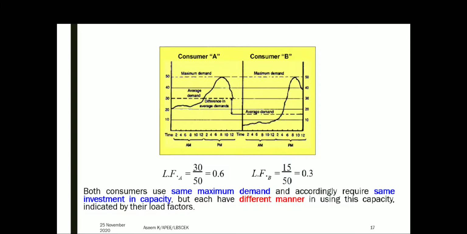That means even though the average demand of consumer B is less than that of consumer A, in order to meet the maximum demand of 50 megawatt, which is the same for both these consumers, we need to install the same capacity for consumer A and consumer B. So we need to meet the maximum demand even though the average demand is very much lower for consumer B. A low load factor is not recommendable, because its maximum demand is the same as that of a high load factor system, but the average demand is low.